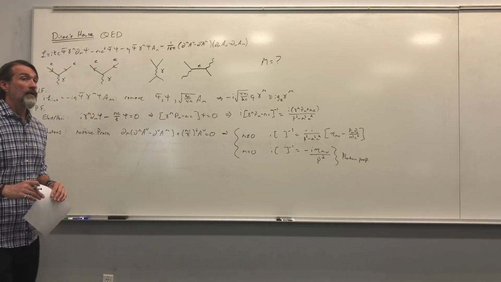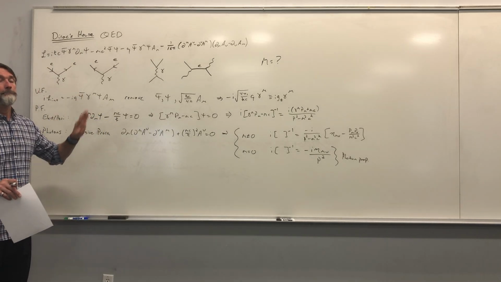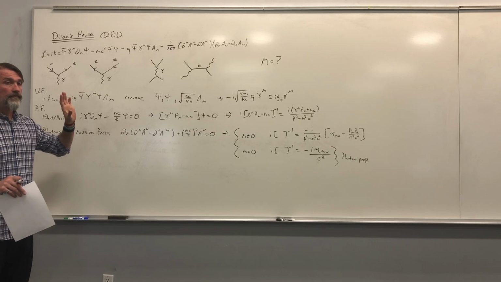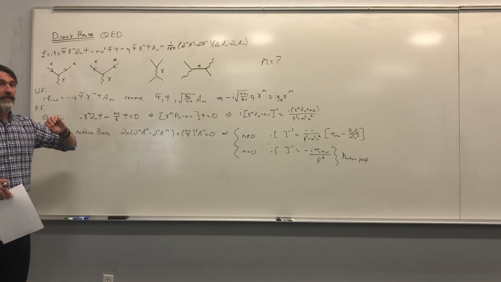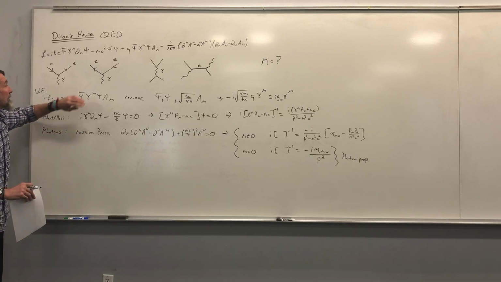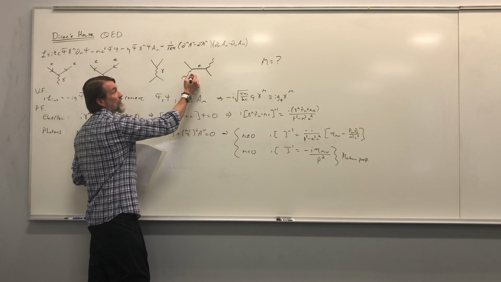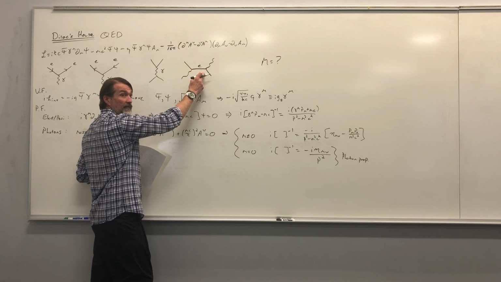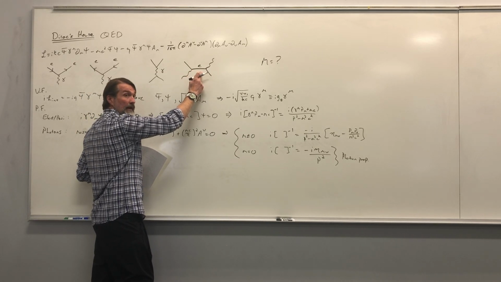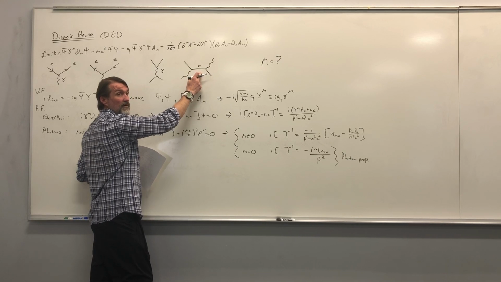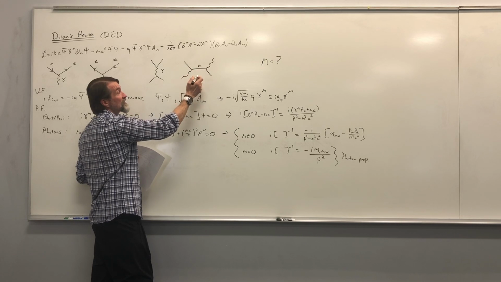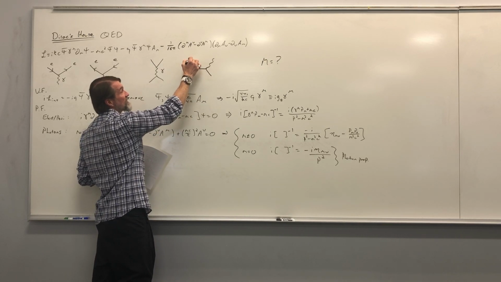We drew a picture and followed it, and elements of the picture told us where to put those factors. Right, and in particular, for this one right here, our factors included two vertex factors and an internal propagator, and what else? Do you remember? The delta function? Yeah, you basically had delta functions which conserved momenta.